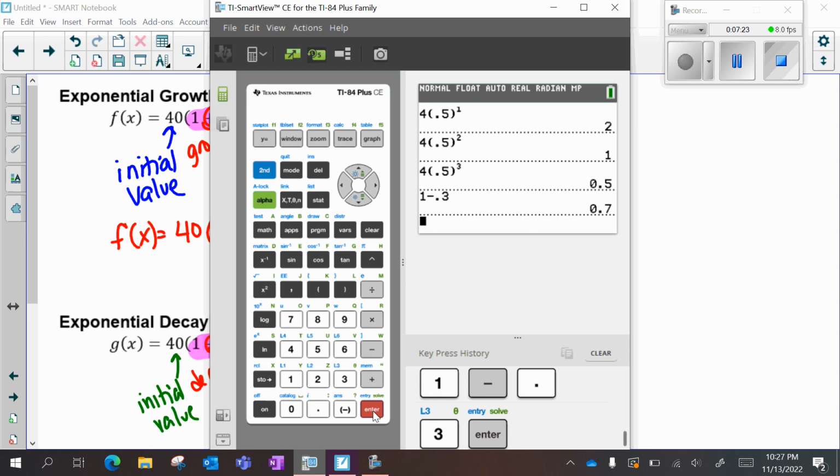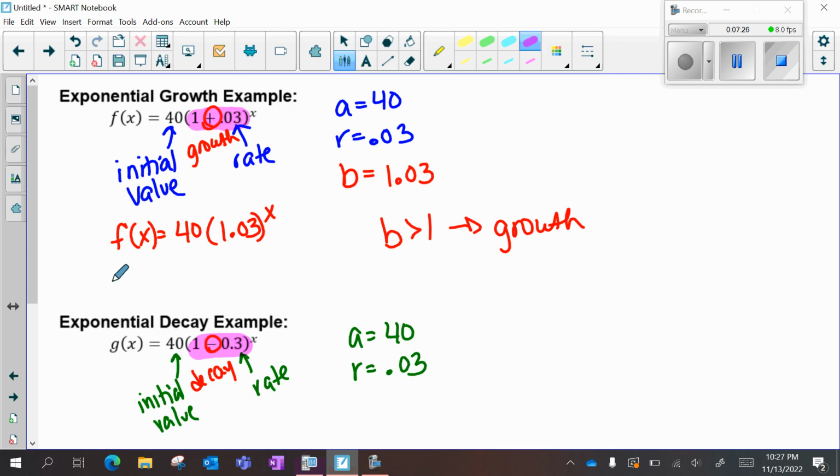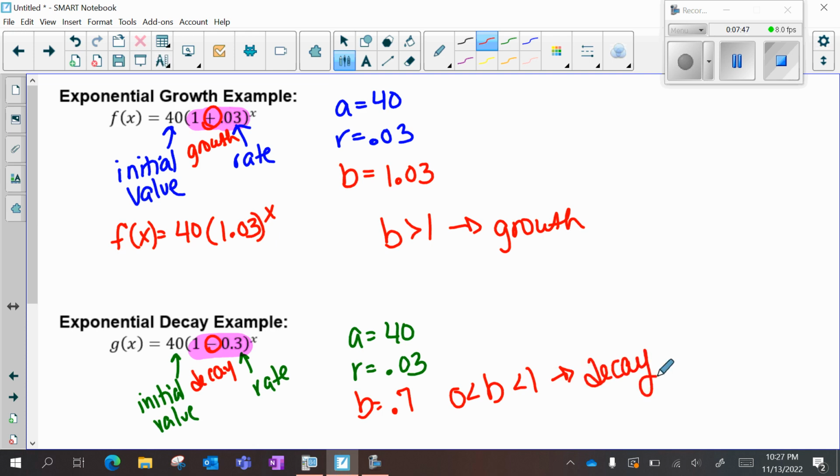Notice how my decimal changed between growth and decay. My B is 0.97. B is between 0 and 1, so it is decay.